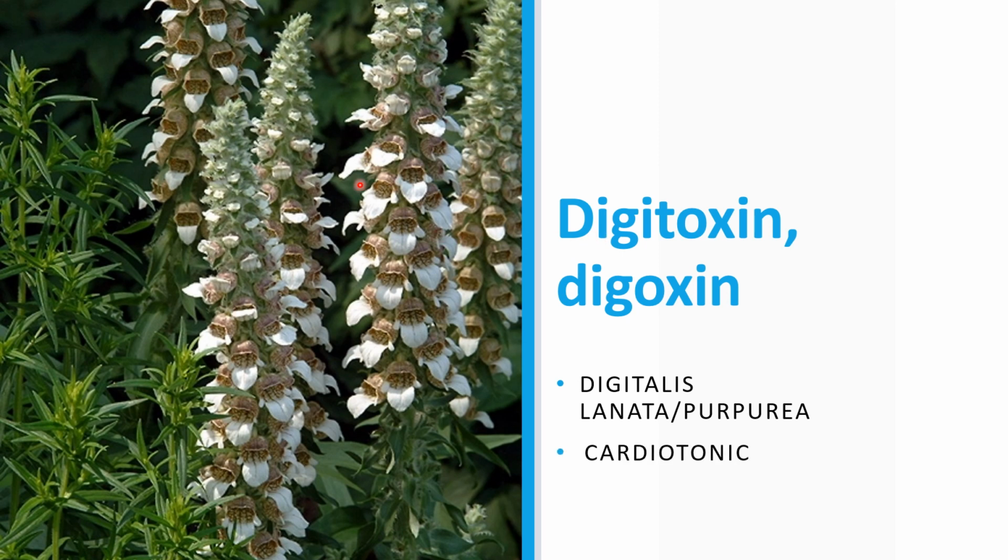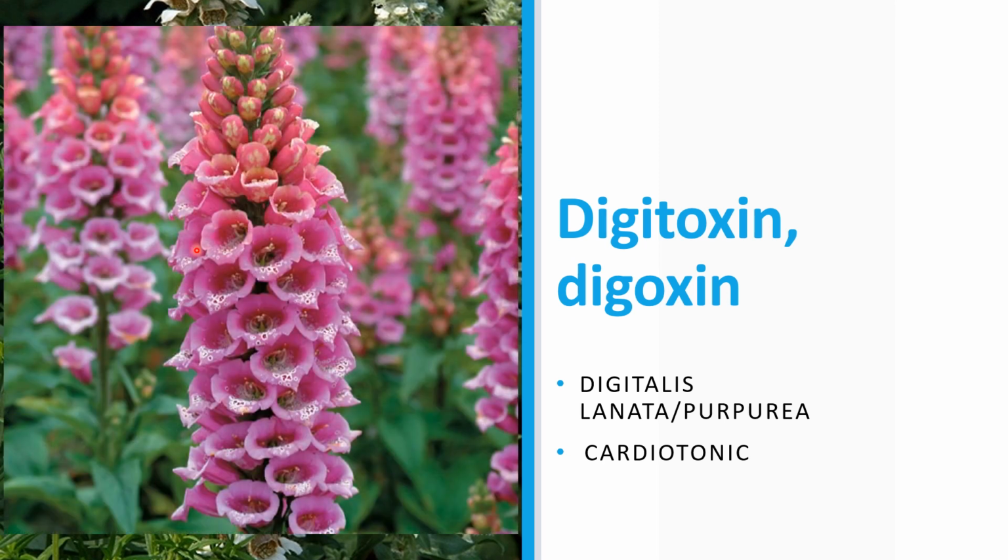So this plant here is the Digitalis lanata or the Grecian foxglove, and this one here is the Digitalis purpurea or the common foxglove. So they are said to be cardiotonic. When we say cardiotonic, these are drugs used to increase the efficiency and improve the contraction of the heart muscle, which leads to improved blood flow to all tissues of the body.